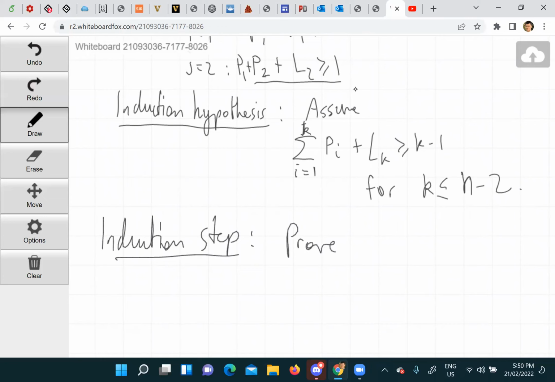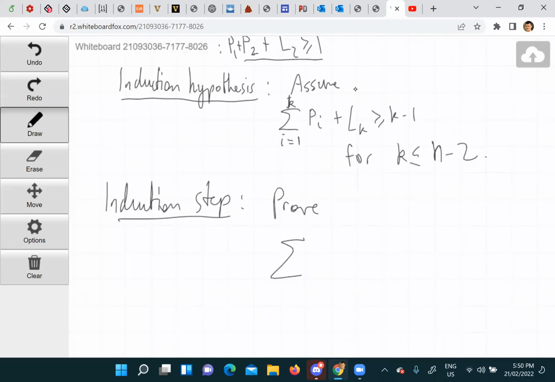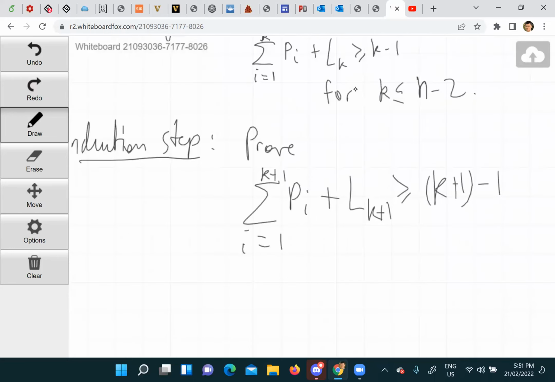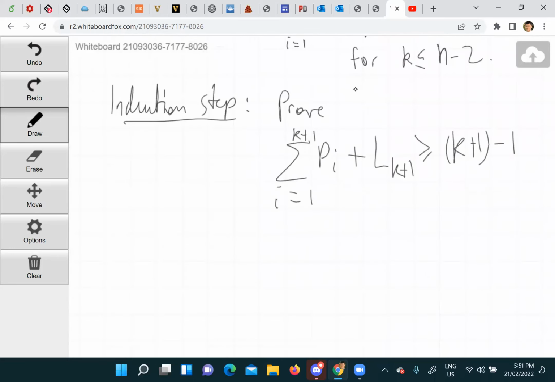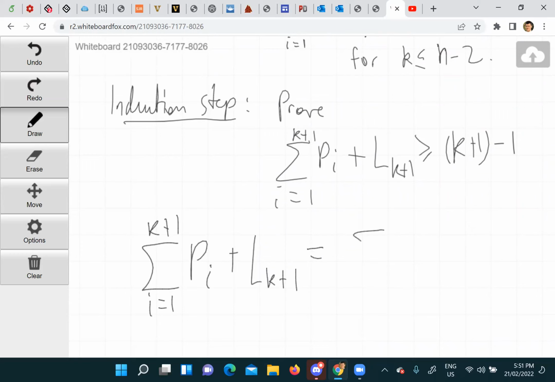Prove the sum of P_i up to k plus 1, plus L_{k+1}, is greater than or equal to (k plus 1) minus 1, which is k basically. Okay, so now how do we prove this? Well, look at this. The sum up to k plus 1 of P_i is just the previous thing, plus L_{k+1}.